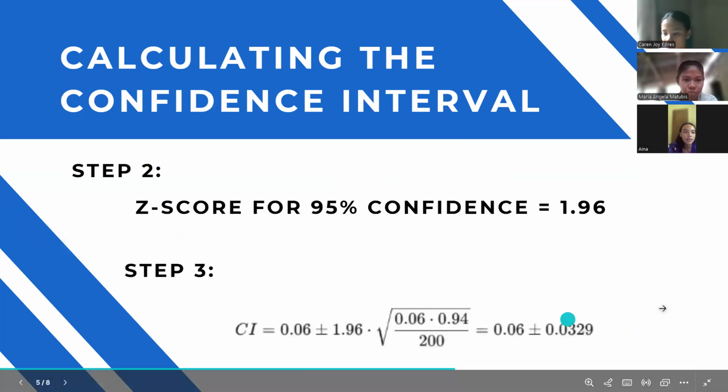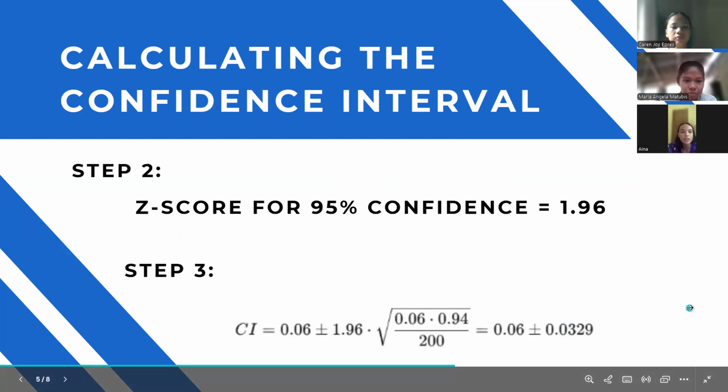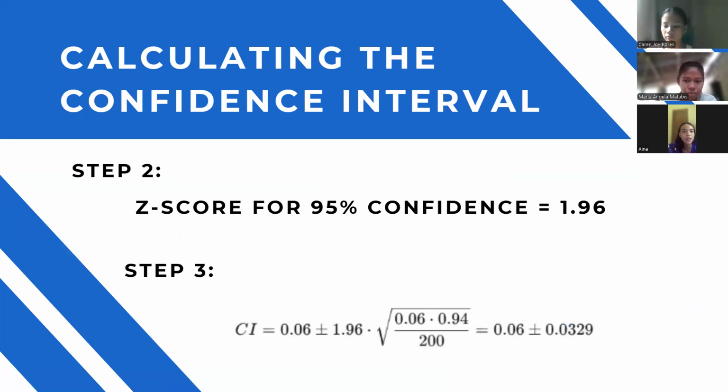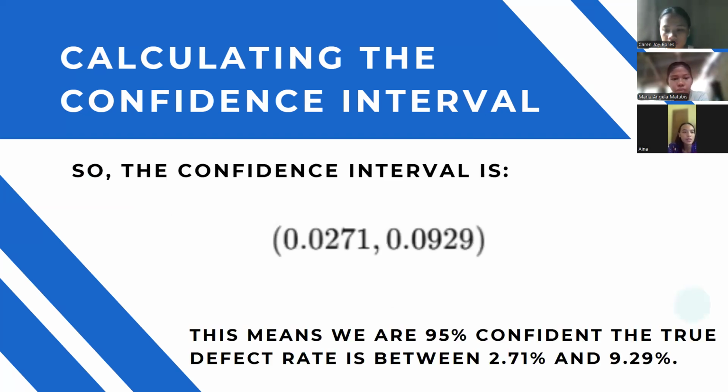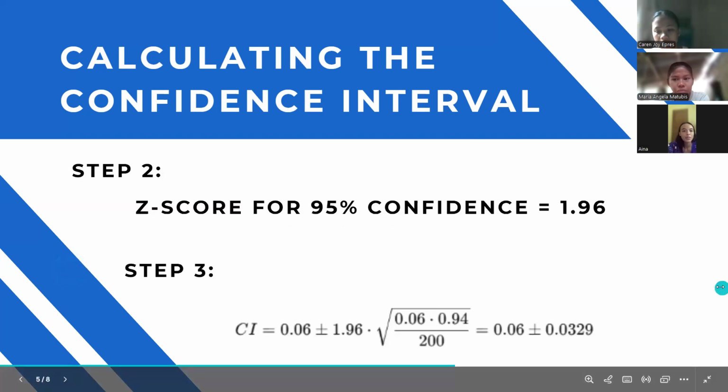Step 3. Plug into the formula. The confidence interval equals 0.06 plus or minus 1.96 times the square root of 0.06 times 0.94 divided by 200. That gives us 0.06 plus or minus 0.0329.